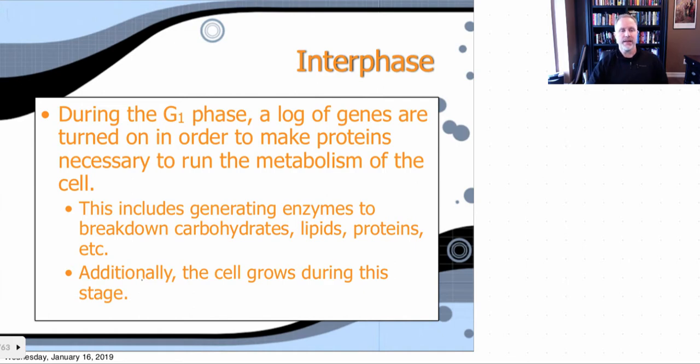Now during interphase, in G1, a lot of different types of genes are turned on, okay? This is what makes the proteins necessary to run the metabolism of the cell and enable the cell to do its job. Some examples are the expression of the genes that make the enzymes that break down carbohydrates, lipids, proteins, etc., just the things that the cell needs.